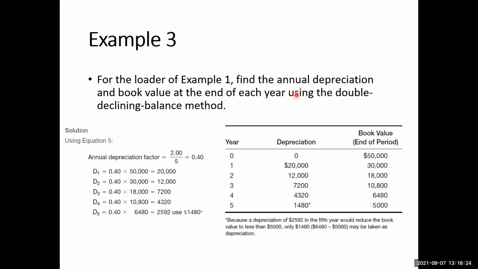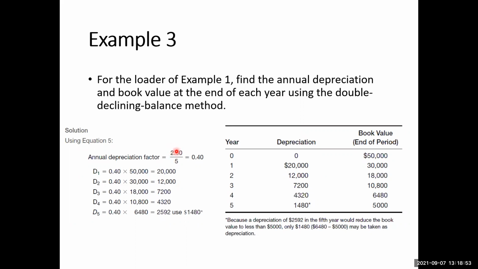Okay. Professor, I have a question again. Why 2/5? Why 2? It is the depreciation factor. Yes, it is because it is called the double declining balance method. So in the double declining balance method, we have to choose a constant ratio.